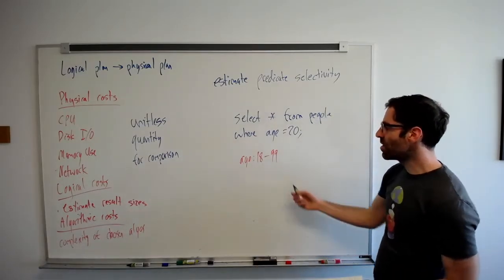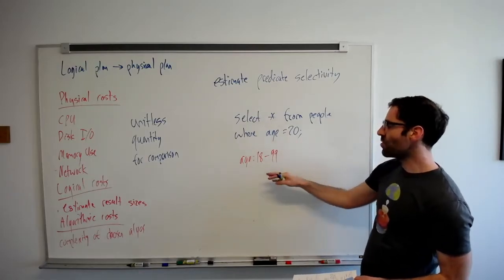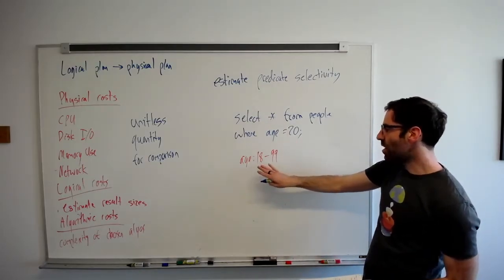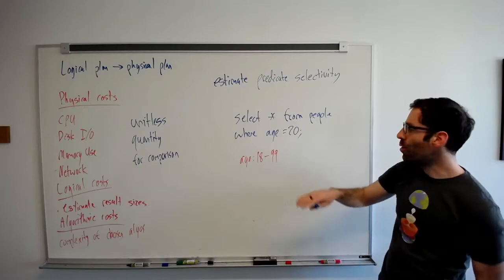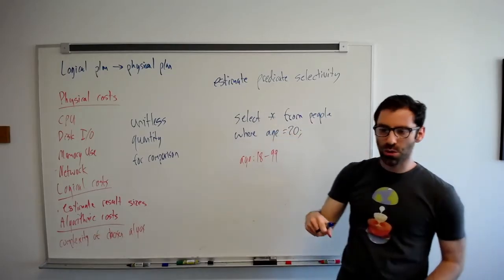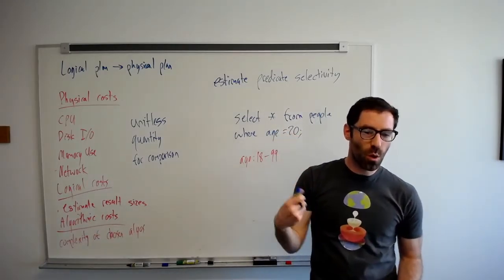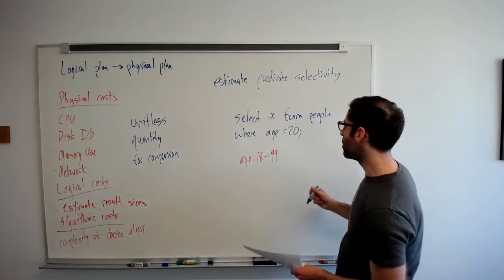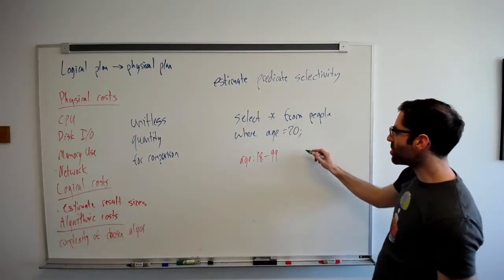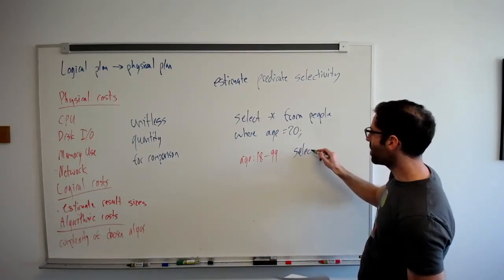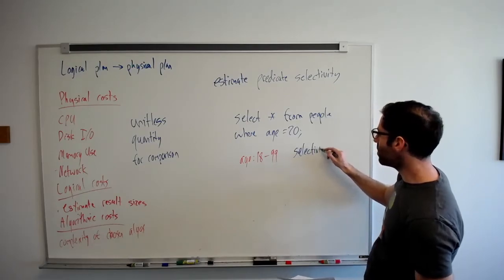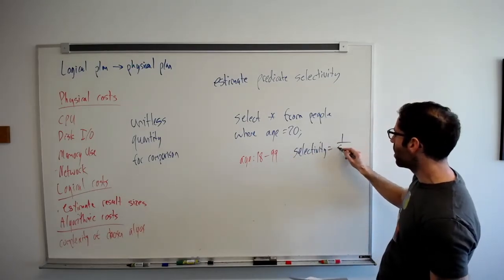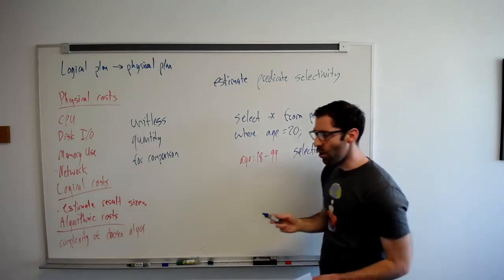And so it says, all right, well, 20 is one out of these 82 values, and so we expect this predicate to give us 1/82nd of the data. So it might estimate that the selectivity is 1/82.